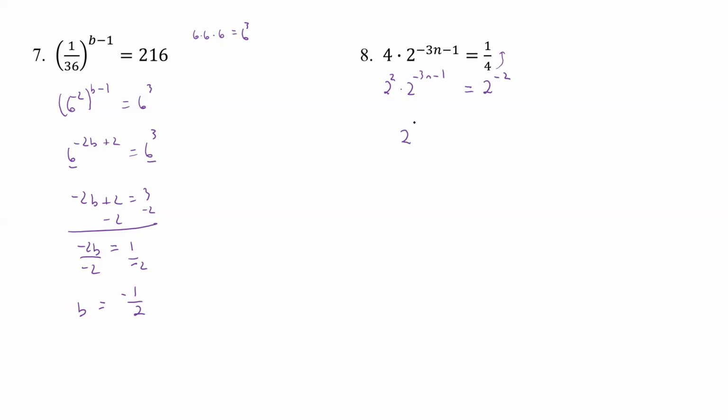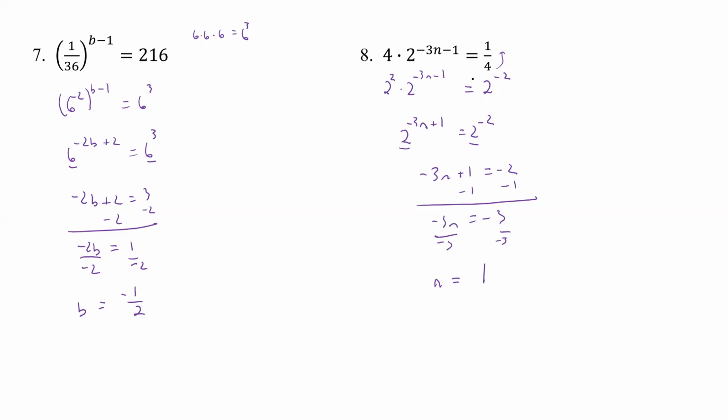Well, I'm going to add the exponents. So negative 3n, and negative 2 minus 1 is negative 3. And so now I have like bases, just one on each side, and I can set those exponents equal. And so I subtract 1, negative 3n equals negative 3, so divide by negative 3. And so n is equal to a positive 1.